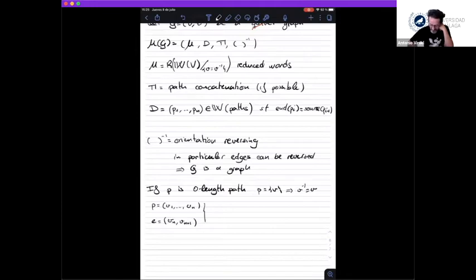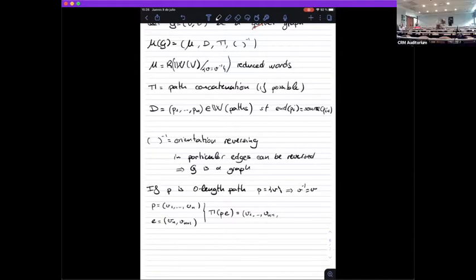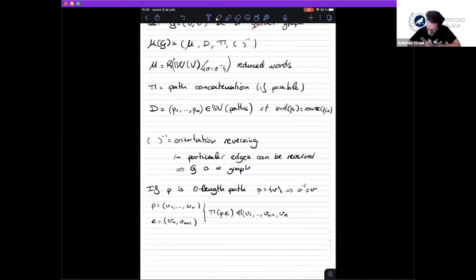So I should be able to multiply the path and the edge, right? And when I do all these things, what I get is V1, ..., Vm-1, Vm, Vm+1, right? So this will be the product in here.